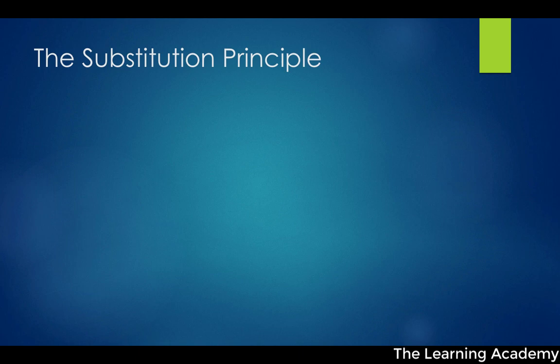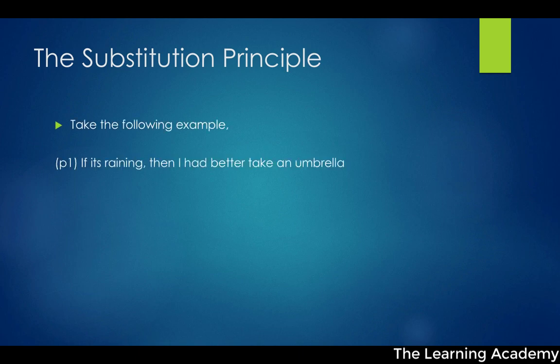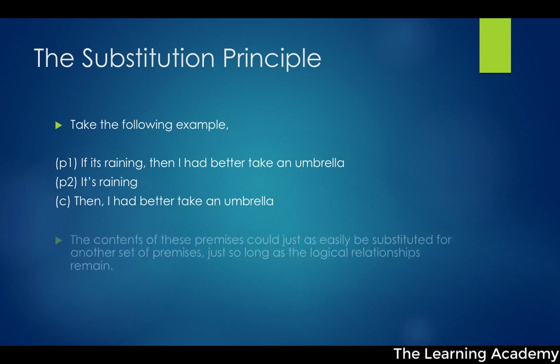So let's take the following example. Premise 1, if it is raining, then I'd better take an umbrella. Premise 2, it is raining. Therefore the conclusion is, I'd better take an umbrella. So what do we have? The contents of these premises could just as easily be substituted for any other set of premises, so long as this logical relationship stays the same.